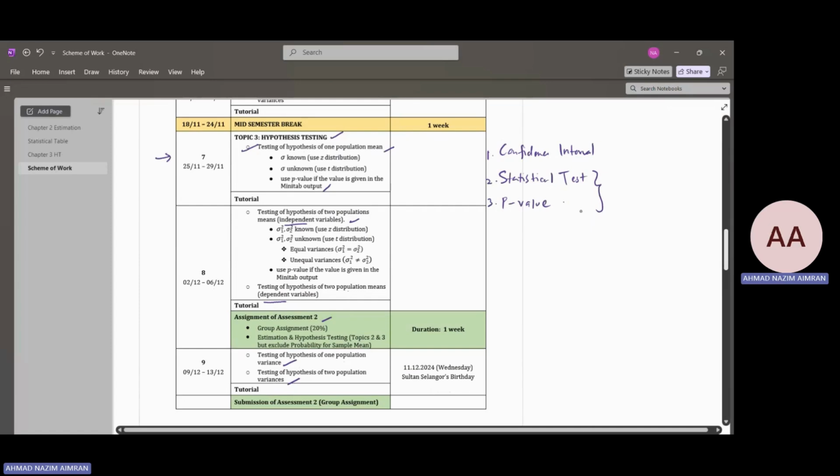If you are good enough to understand what has been discussed in chapter 2, that is confidence interval, especially the selection of the formula, deciding whether to use the Z distribution or the T distribution, and if you have no problems identifying the scenario, whether to use one population mean or the two population means when the variables are dependent or independent, etc., then you won't have problems understanding chapter 3 as well.